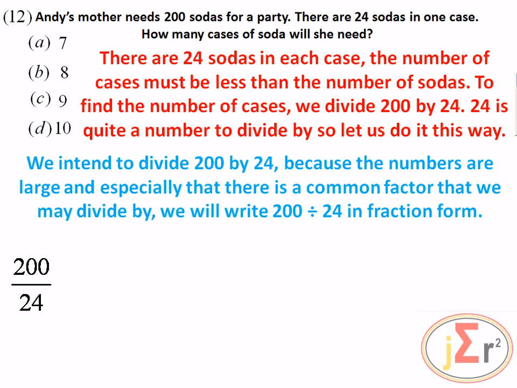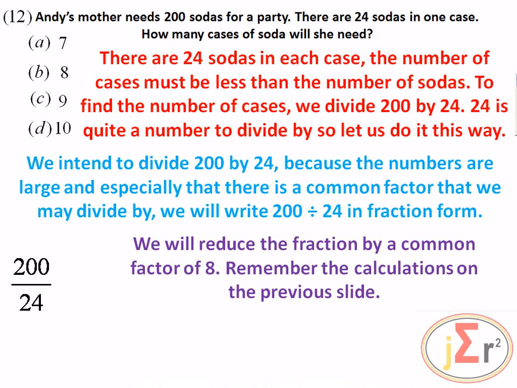Right. We intend to divide 200 by 24, but because the numbers are quite large, and there is a common factor that we may divide by, we will write it in fractional form. And then we will reduce the fraction by a common factor of 8.